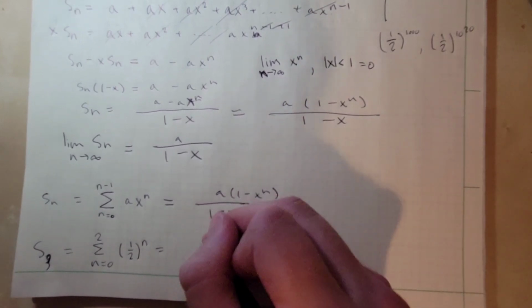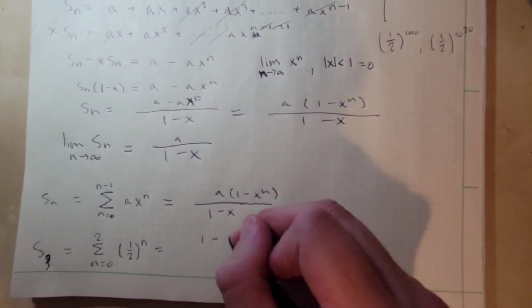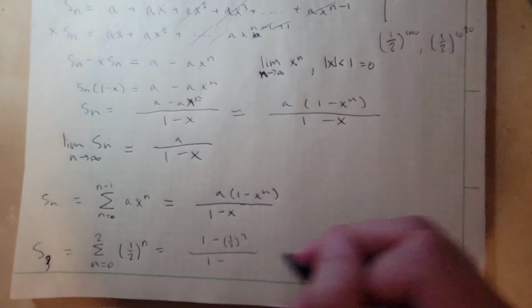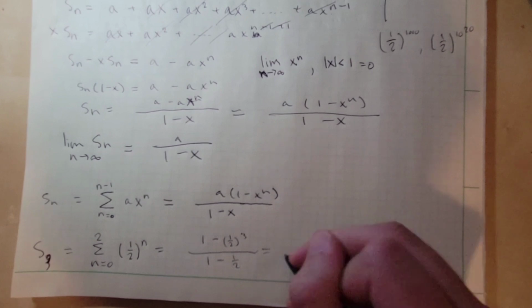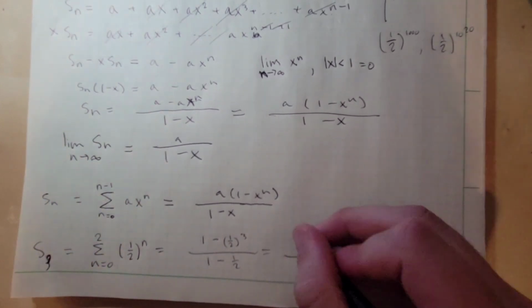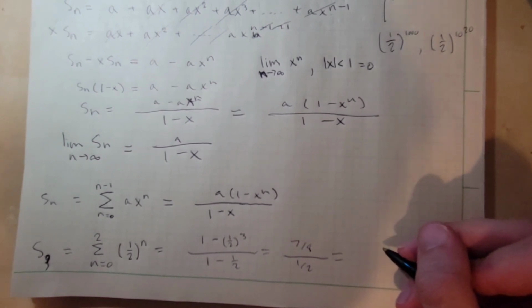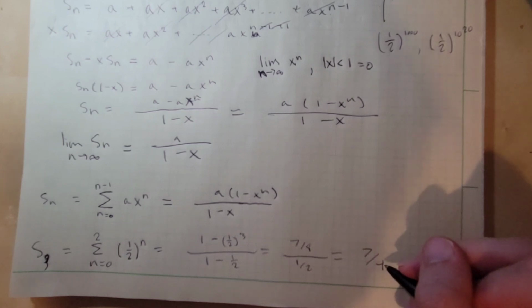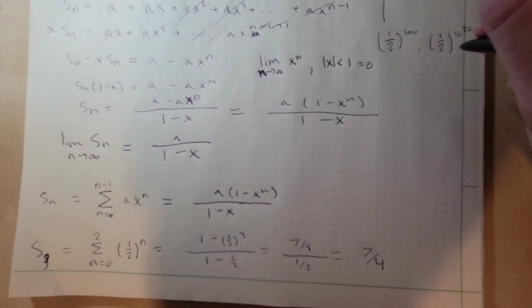We'll get 1 minus 1/2 raised to the power of 3 over 1 minus 1/2. There's going to be 1/2 over, I believe this is 7/8, which is going to be 7 over 4, which does not make sense at all, right? So where did I go wrong?